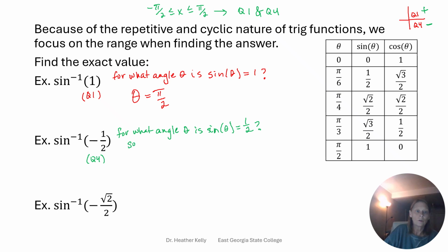So we know that theta, for it to equal 1/2, is the angle pi over 6, but pi over 6 is in quadrant 1. We need the quadrant 3 answer. I mean, not quadrant 3. My bad, y'all. Super sorry. We need the quadrant 4 answer.